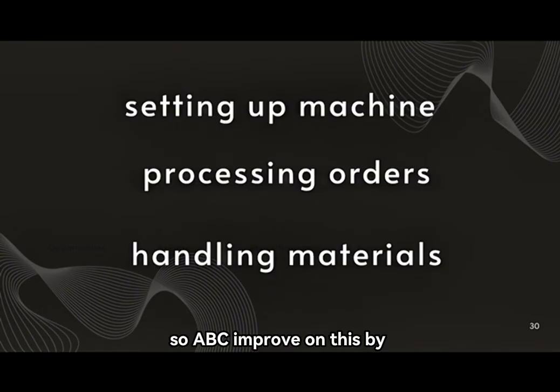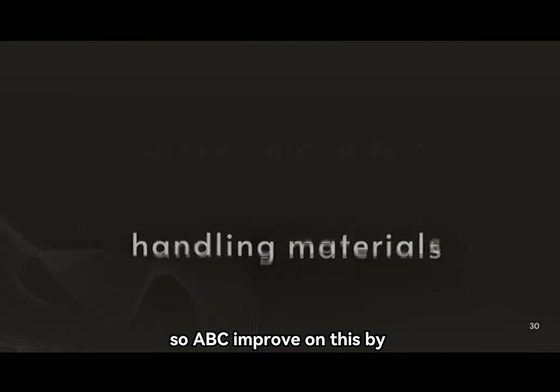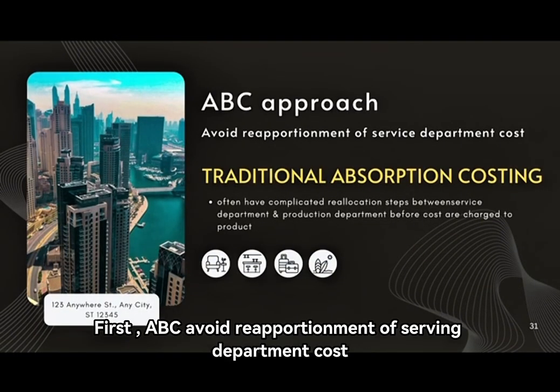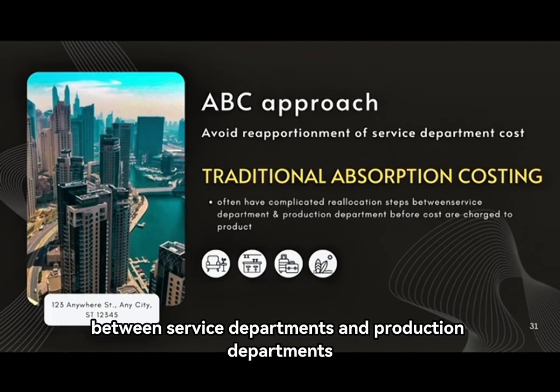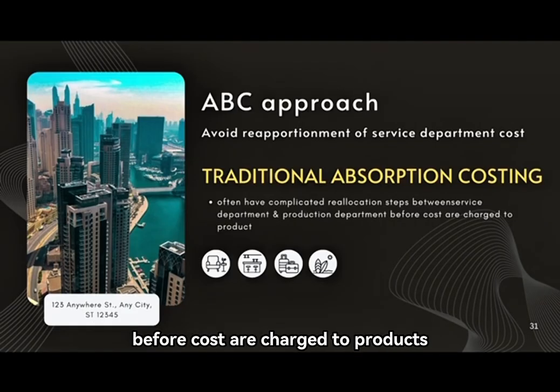So, ABC improves on this by: first, ABC avoids reapportionment of service department costs. Traditional costing often has complicated reallocation steps between service departments and production departments before costs are charged to products. So basically, ABC skips that complexity.